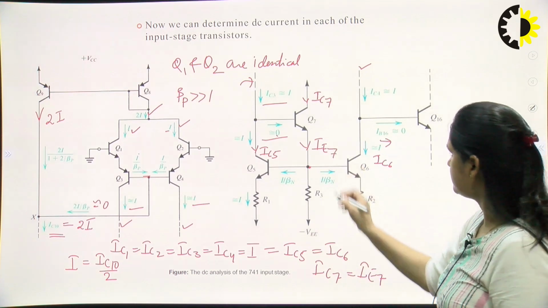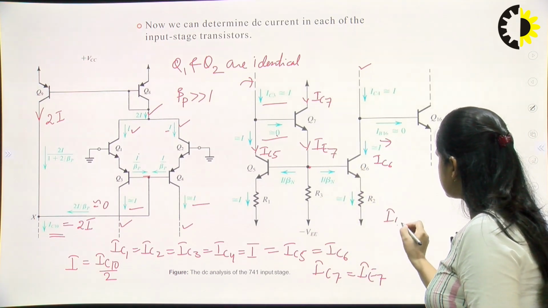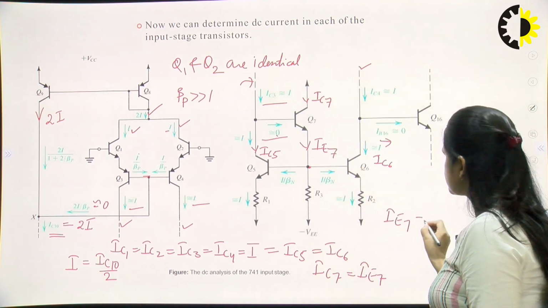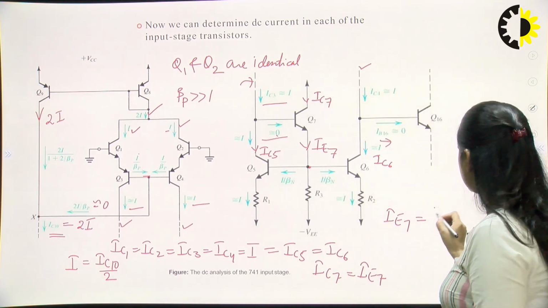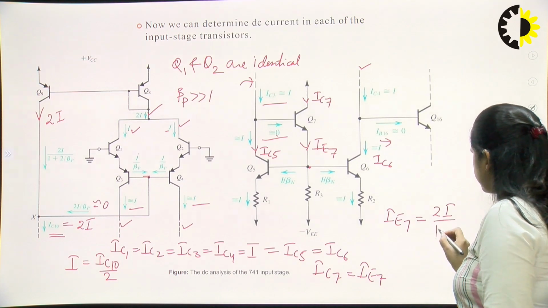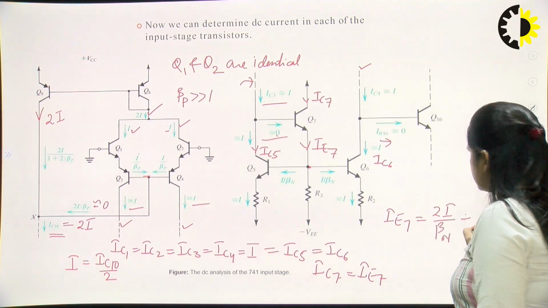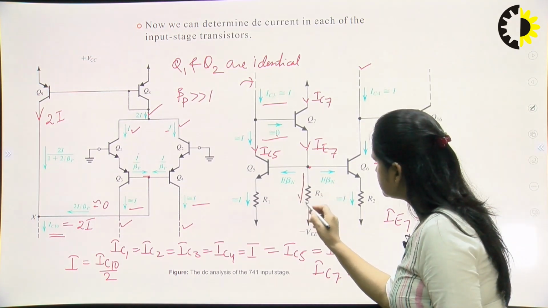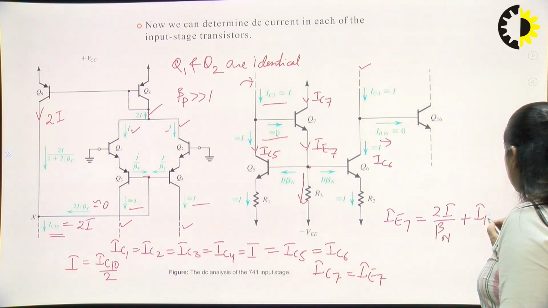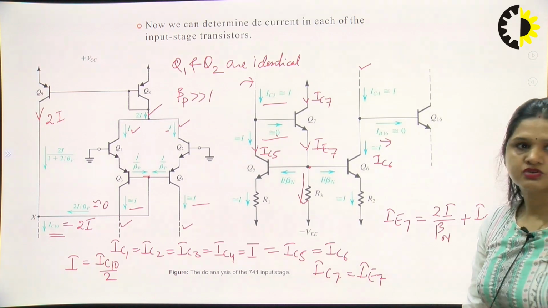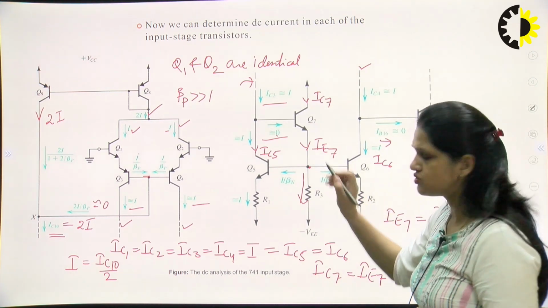You can write that IE7 equals this I upon beta n plus I upon beta n, that means 2I upon beta n, plus the current flowing in this resistor R3, which I can write as IR3. So you can apply KCL at this node like this.